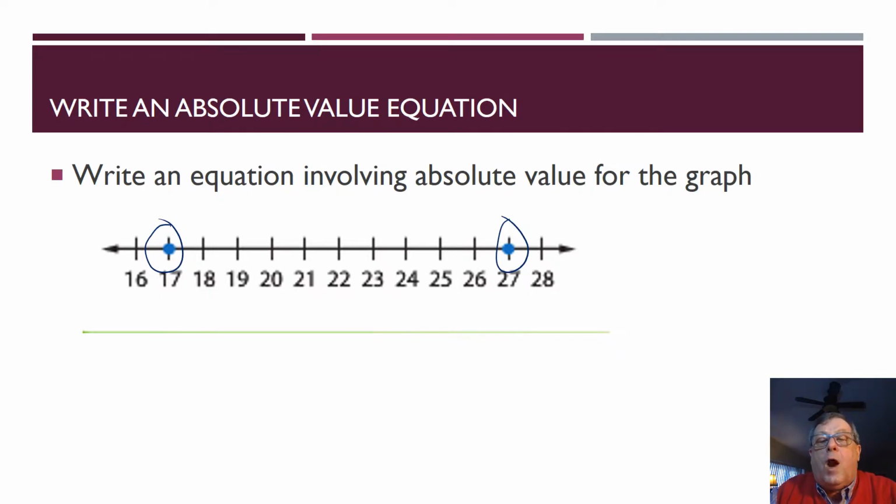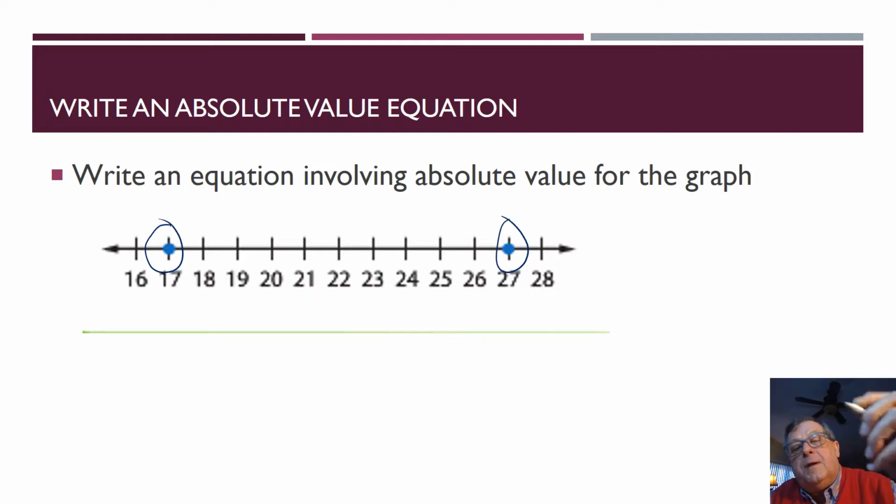And so if I'm going to write an equation involving absolute value for a graph like this on the number line, what I want to find is what is the midpoint, or what is a number that is equidistant, or the same distance, from the lower end, 17, and the upper end, 27.